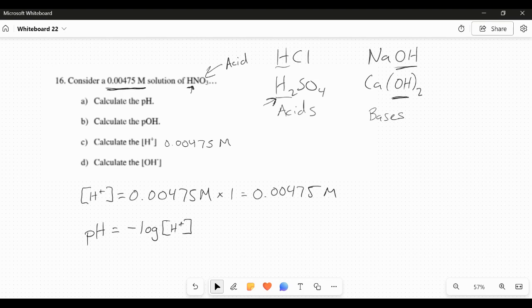I'm going to take the negative log. It's important that you do the negative log of 0.00475. And what I get is 2.32. So pH is equal to the negative log of 0.00475, which is 2.32. This is my pH.